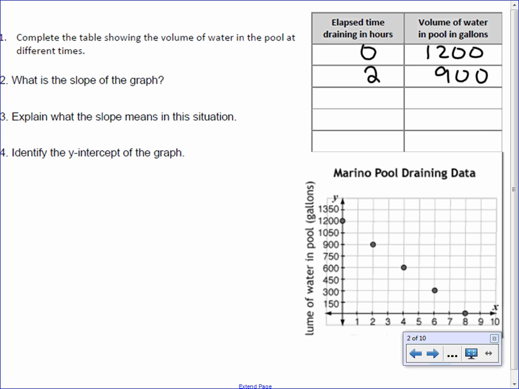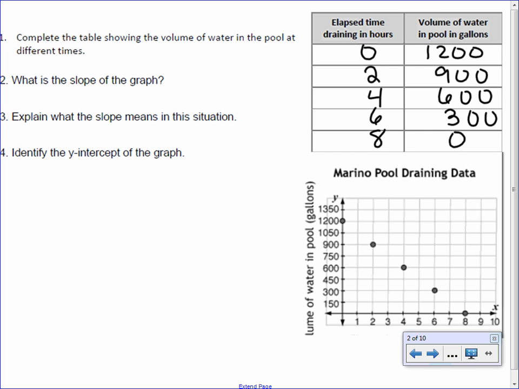After 4 hours, we have a remaining balance of 600 gallons of water in the pool. At 6 hours, we have 300 gallons of water remaining in the pool. And at 8 hours, we have 0 remaining water in the swimming pool. So we've completed the table showing the volume of the water in the pool at different times.